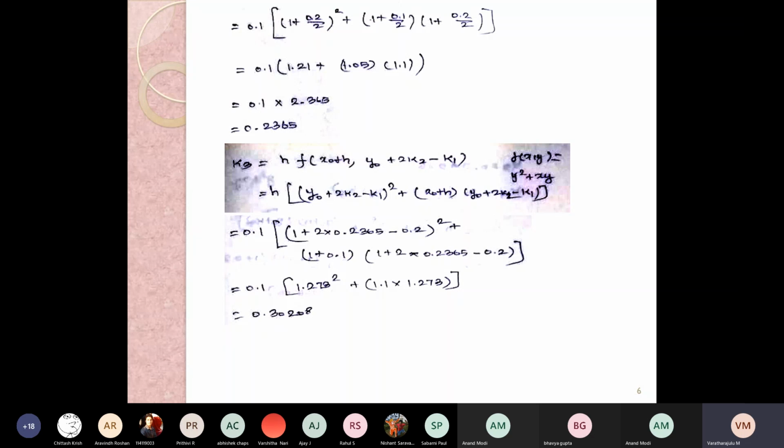Please calculate. 1 plus 2 into 0.2365 minus 0.2, the whole square, plus 1 plus 0.1 into 1 plus 2 into 0.2365 minus 0.2. That becomes 1.273 squared plus 1.1 into 1.273.